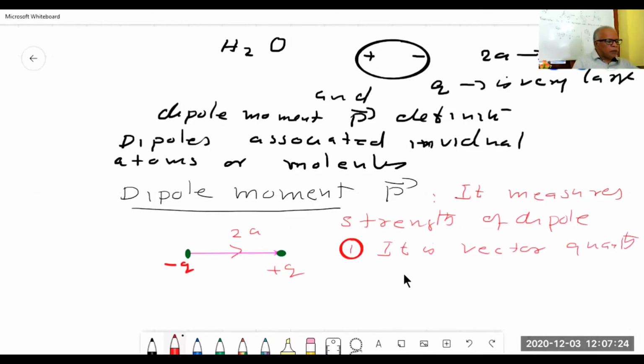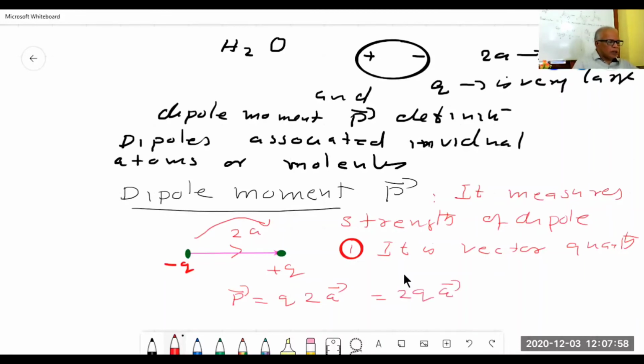You know, the positive charge is inside the atom, the negative charge is outside, point charges. It can't move very properly, so a moment is created and they rotate. If you see water molecules, they always rotate under a microscope. So dipole moment is defined as P equals Q into 2A. 2A is a vector, directed from negative to positive charge. This quantity 2Q A vector is called dipole moment.